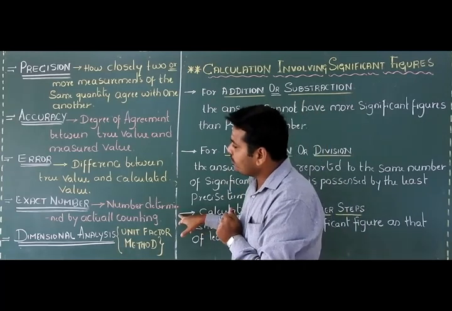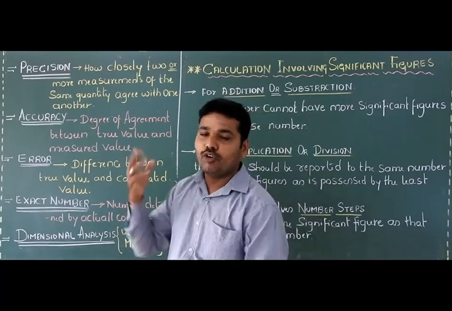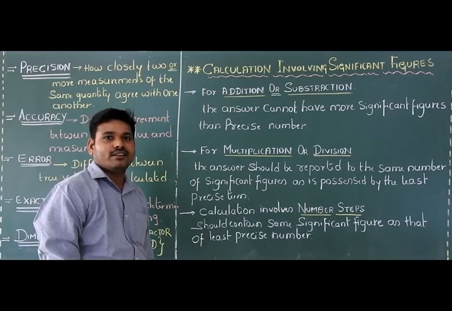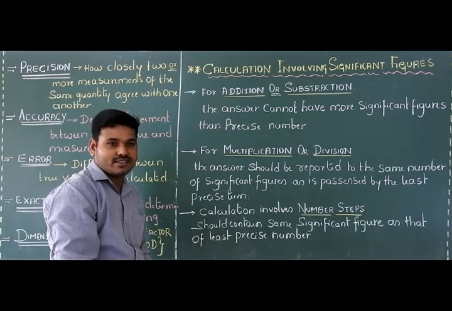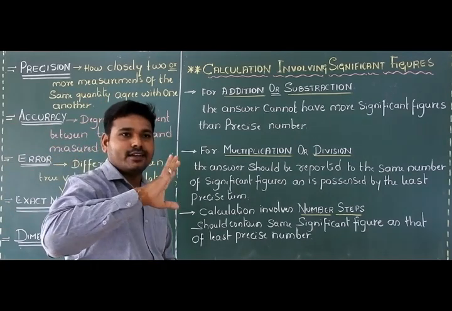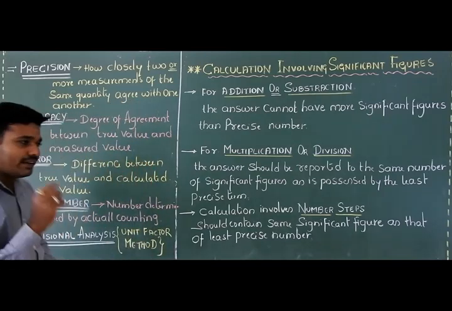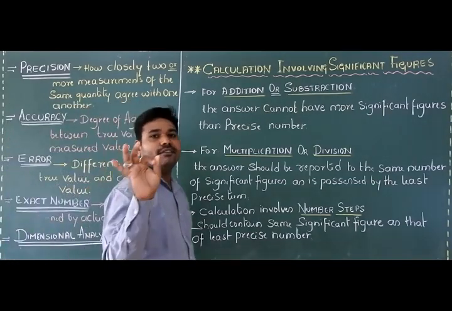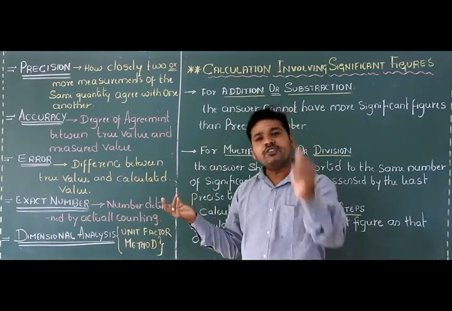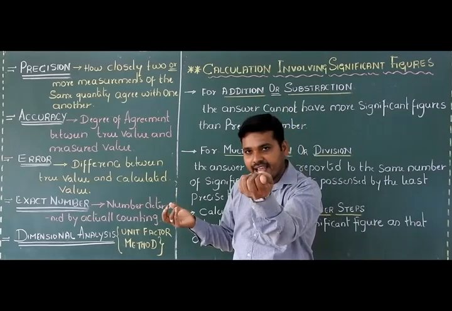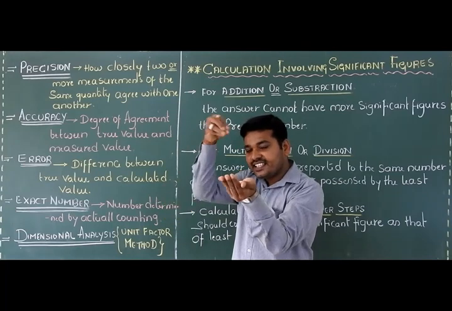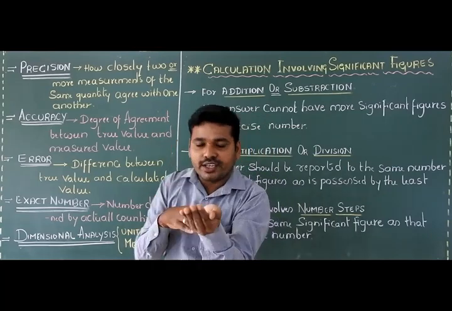And the fourth important term is called exact number. 5 pens in a box, 10 apples in a box, 1 dozen bananas. Listen: the number which is determined by actual counting is called an exact number. 5 chalk pieces are present in my hand, and this number is determined by actual counting.